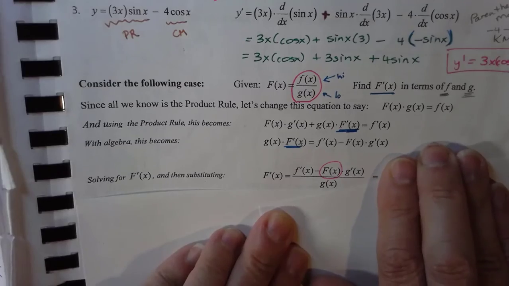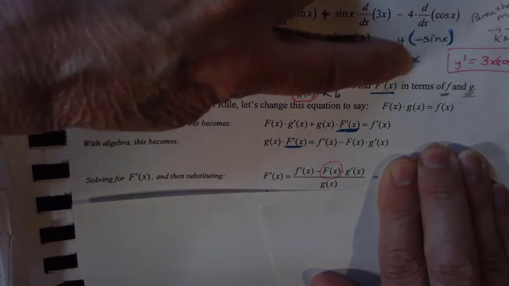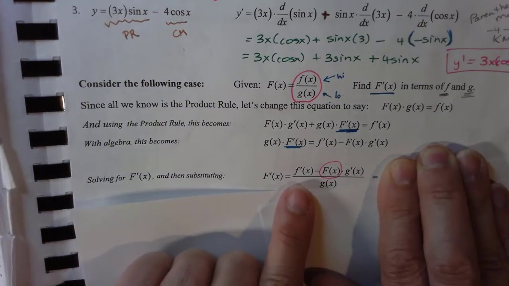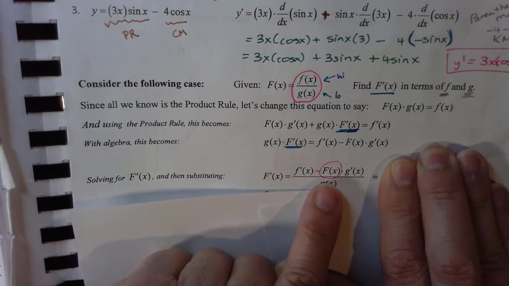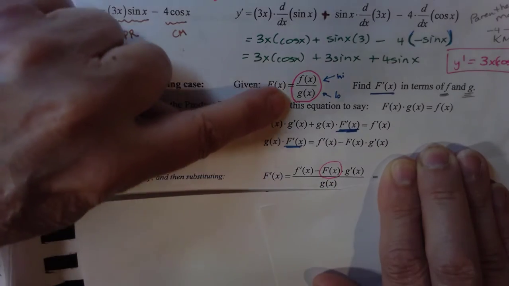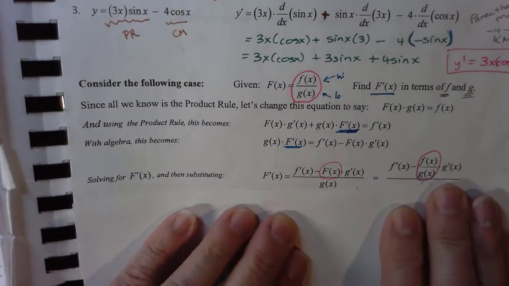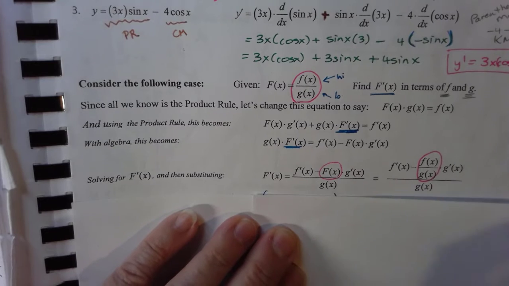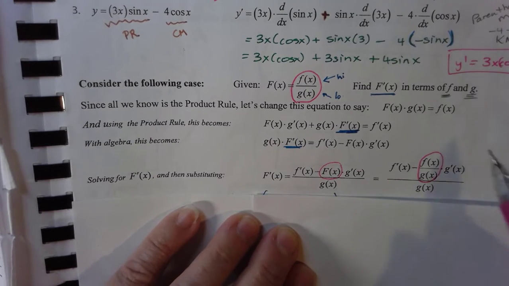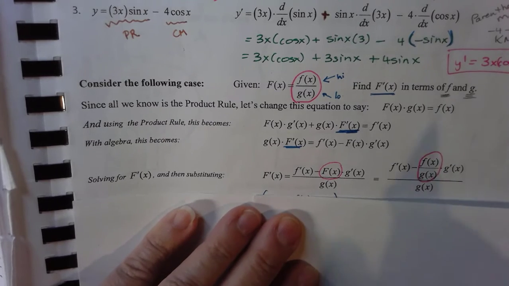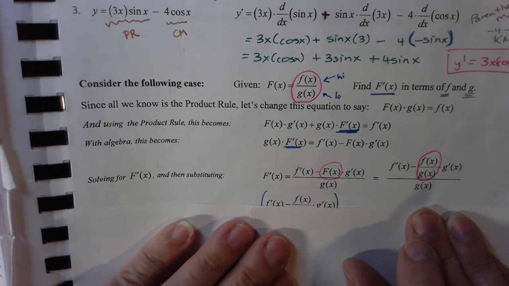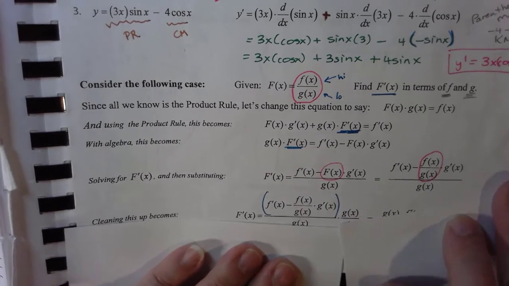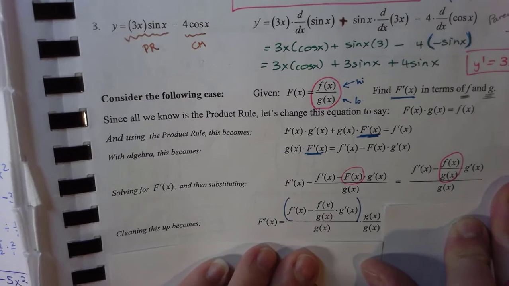But it says in our instructions to find F prime of x in terms of f and g, not in terms of little f, little g, and big F. But we know what big F is. Big F is little f over little g. So I'm going to make that substitution. Now this is a compound fraction because we have a fraction in the fraction. And how can we make this better? We can make this look better by multiplying both the numerator and the denominator by g of x.